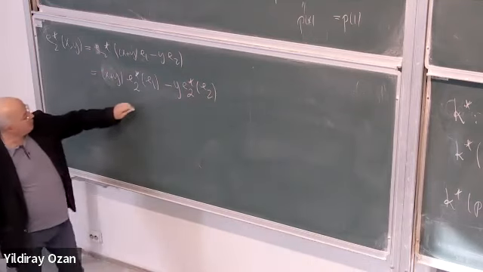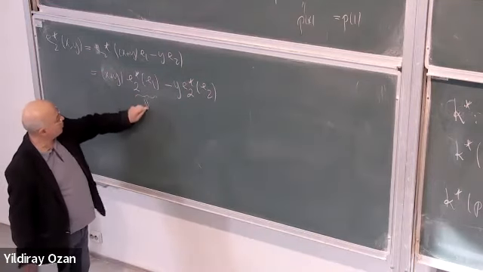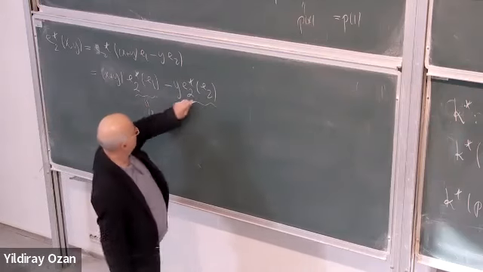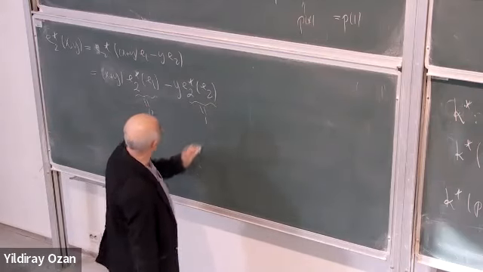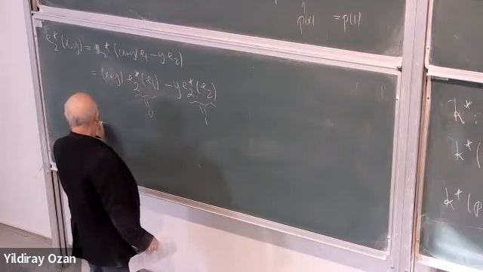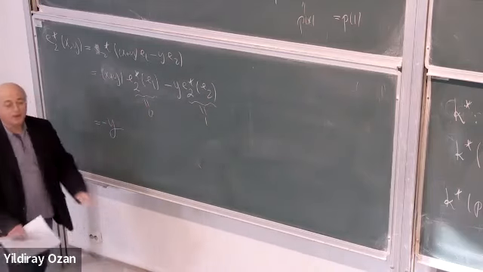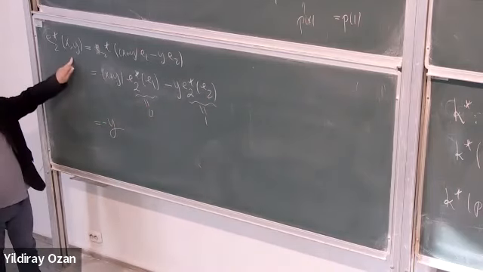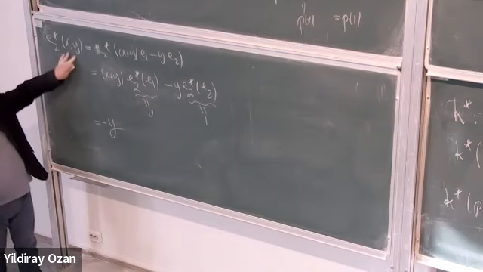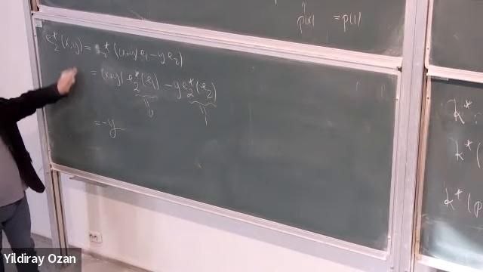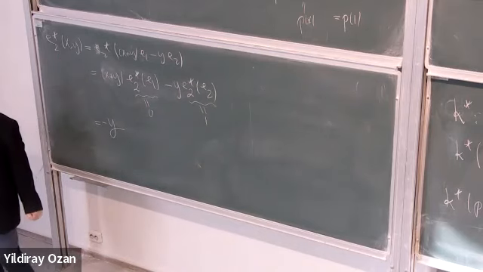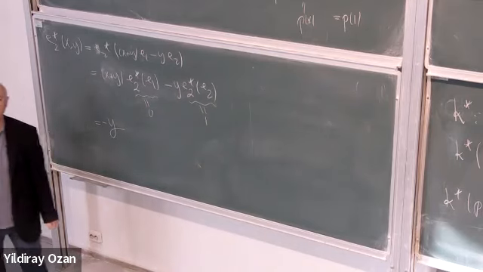But this time, this is 0 and this is 1. Therefore, this is just minus y. So my second element of the dual basis maps the element x comma y of my vector space to minus y. Tamam mı?